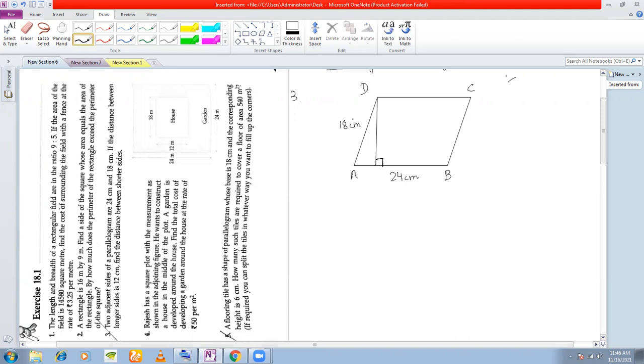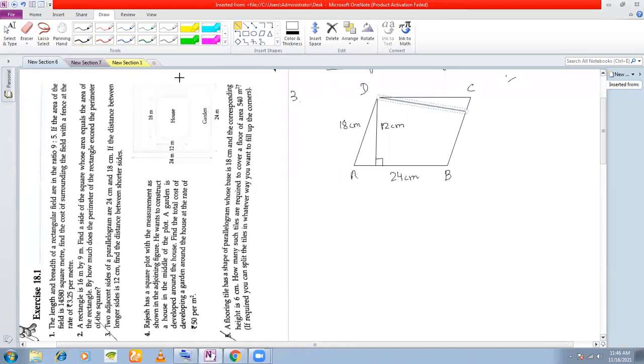Is this clear? This is given to you as 12 centimeter. What you have to find is the distance between the shorter sides. So from here, if I'm dropping a perpendicular, this becomes my distance between the shorter sides.